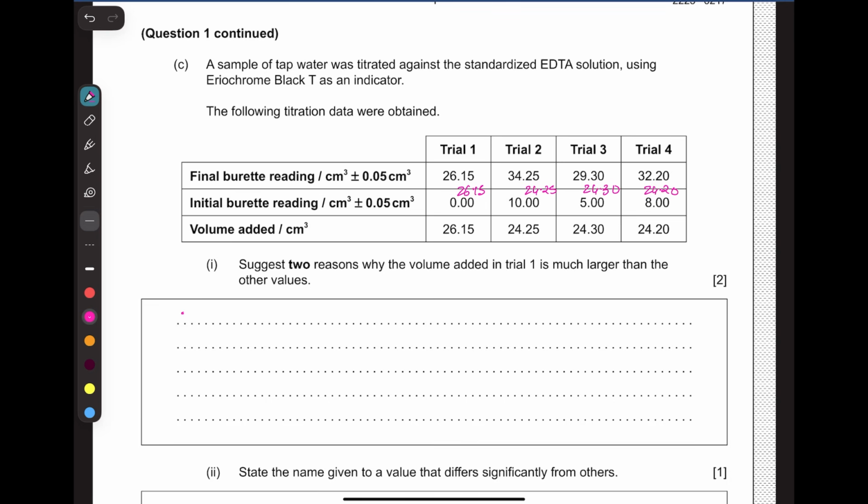So this could be one of the reasons: that the first iteration is always done roughly to get an estimate of the endpoint.